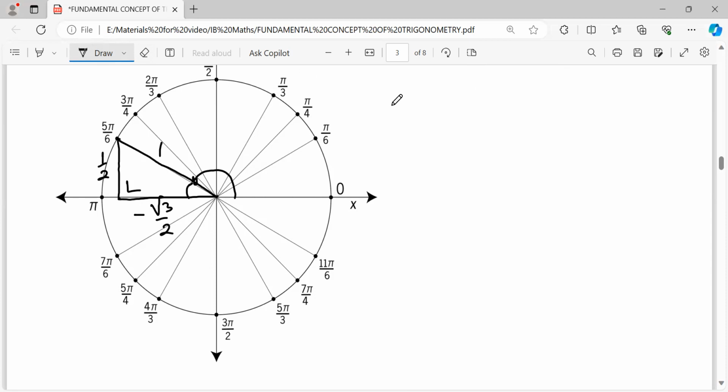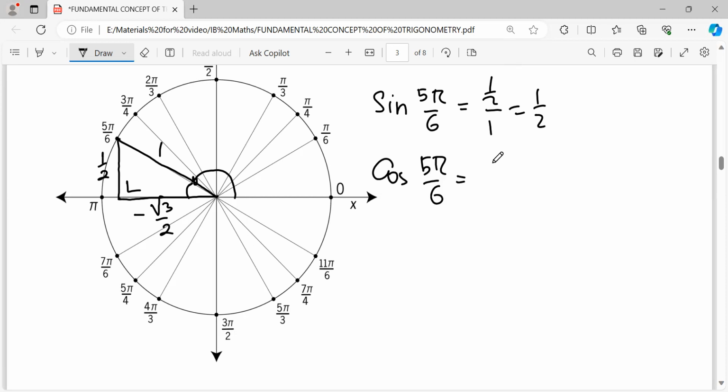It means sine 5 pi over 6 equals half over 1, equals half. Cosine 5 pi over 6 equals negative square root 3 over 2 over 1.